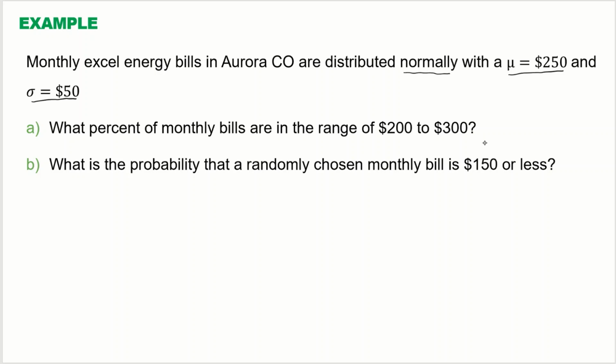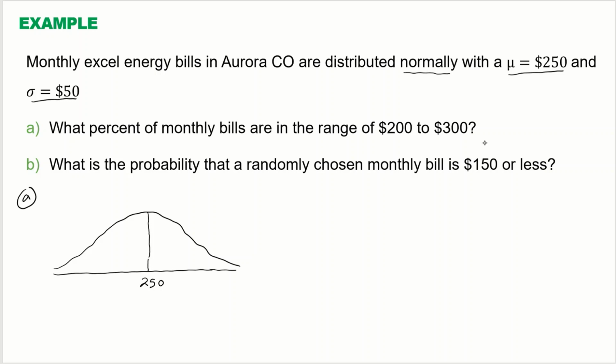So the first part, A, let me draw that normal distribution so that it's a little easy for us to understand. So suppose this is our normal distribution. We have mean in the middle all the time. Mean is 250. And we have the standard deviation of 50.